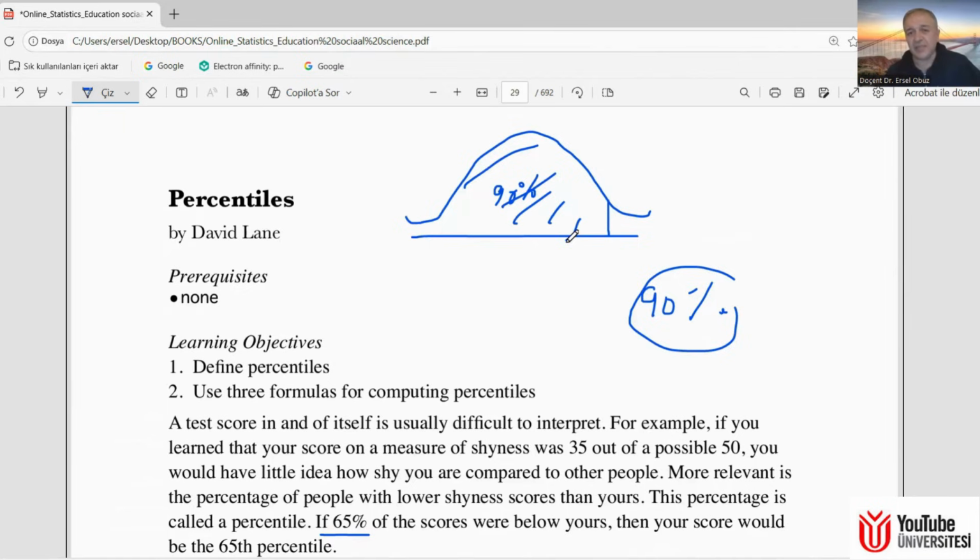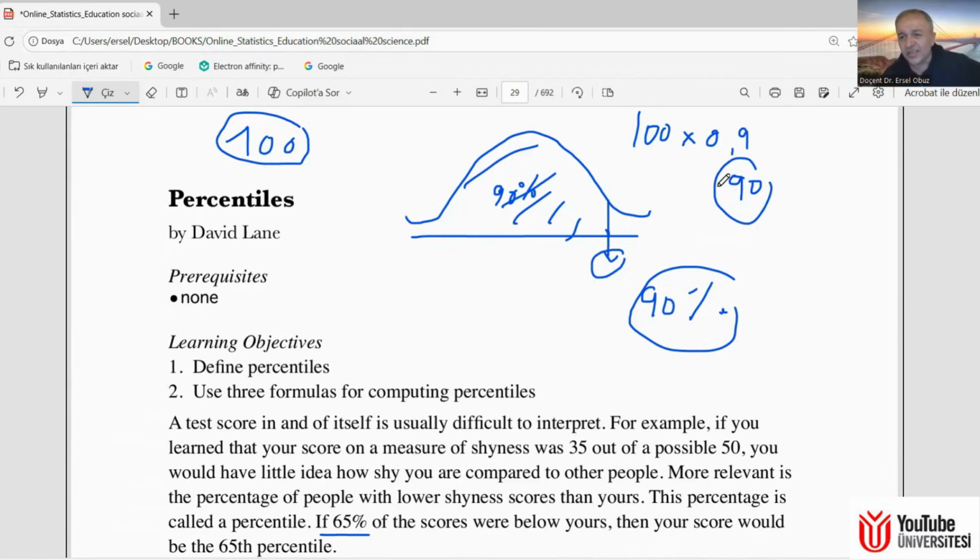Let's say there are 100 students in a class, and you are at the 90th percentile, it means 100 times 0.9, so 90.